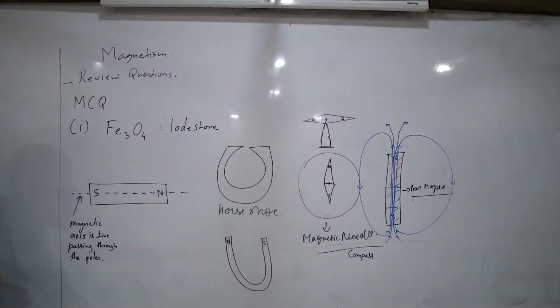What is the effective length of the magnet? The distance between the two poles. Okay, that is the effective length. That's it, these two things. In the book you may find the effective length somewhere. Let me check this.